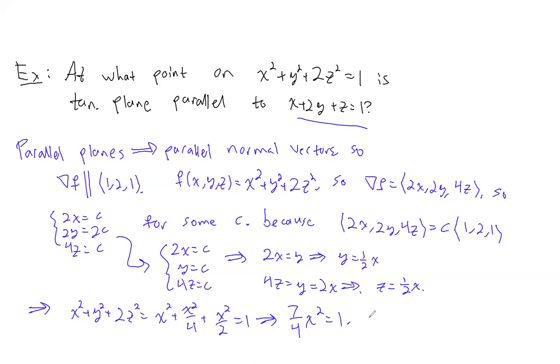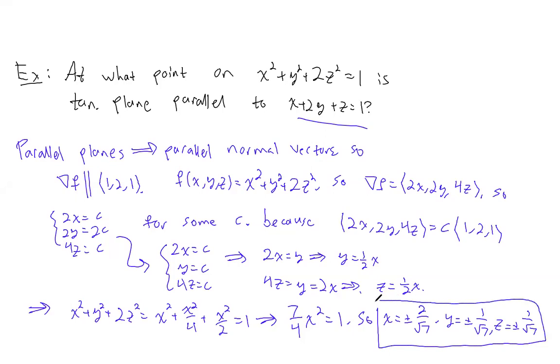So x is plus or minus 2 over root 7. Respectively, y is also going to be 1/2 x, so y is plus or minus 1 over root 7, and z is plus or minus 1 over root 7. So there are 2 points where this is going on, and we've just found those 2 points.